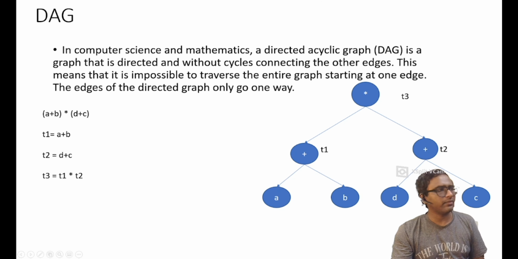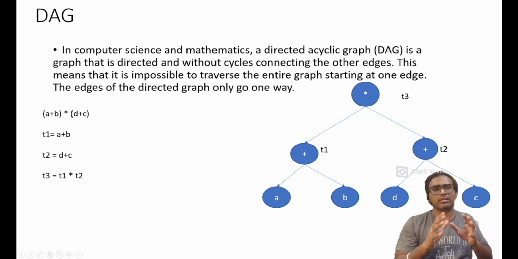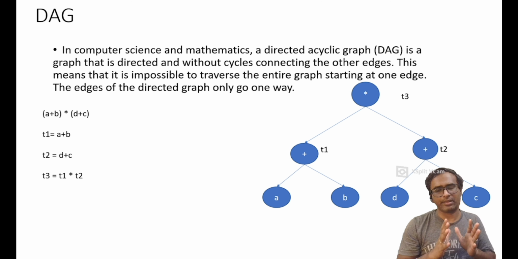T3 is my final result, which is the multiplication of T1 and T2. T3 is my root node, the multiplication of T1, which is the sum of A plus B, and T2, which is the sum of D plus C. This is a simple DAG.